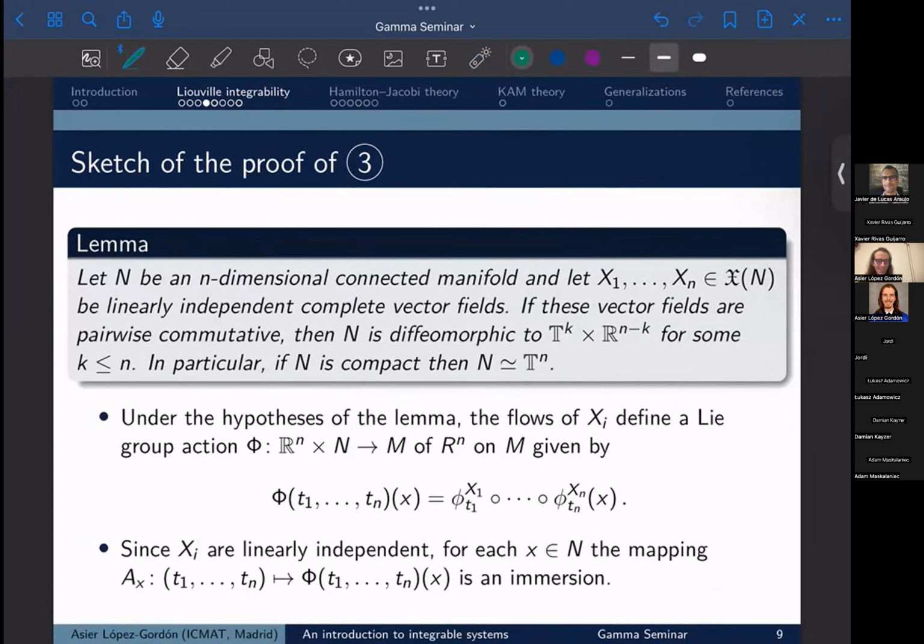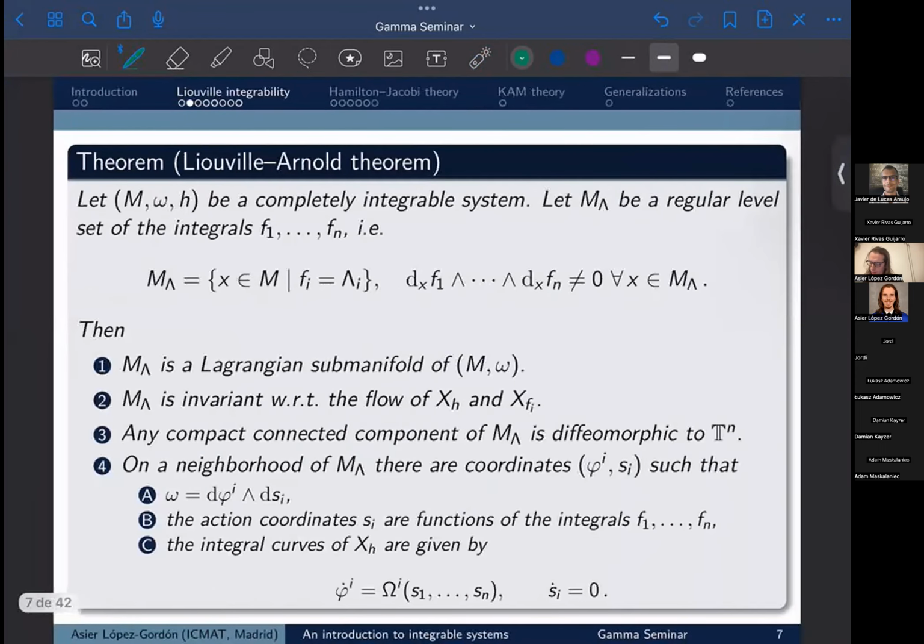Yeah. I mean, there is one comment I can make, is that when you have the n integrals in involution, in the Darboux theorem, you said that the omega at the very end can be written like the sum of the products of the integrals of motion and other functions.